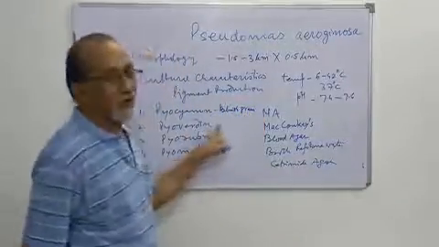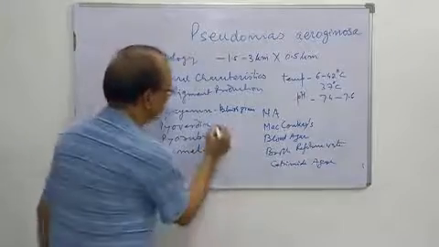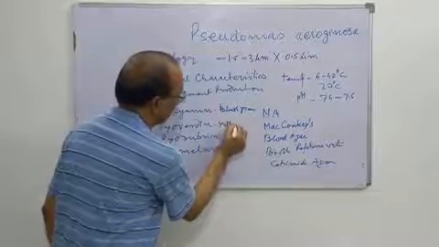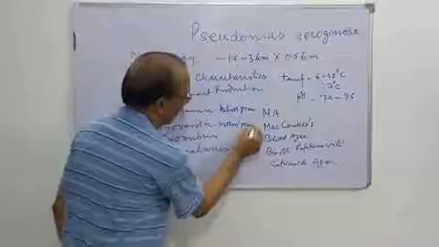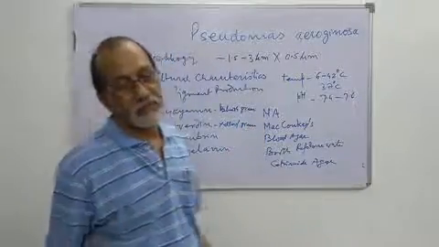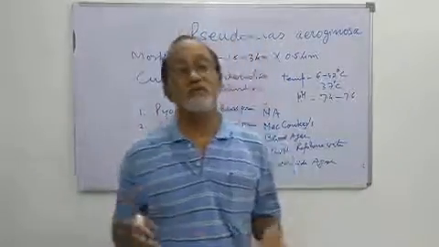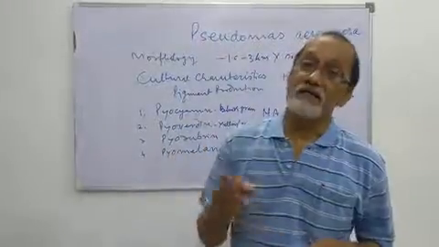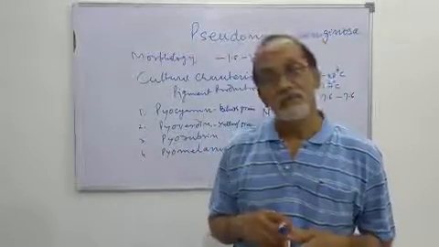Pyoverdin is a yellow green pigment, and it may be produced by many other species also.